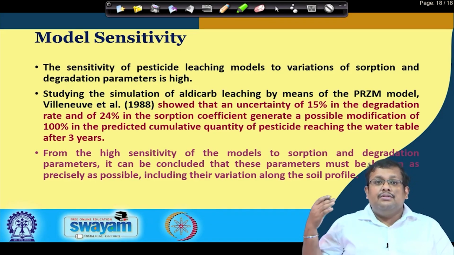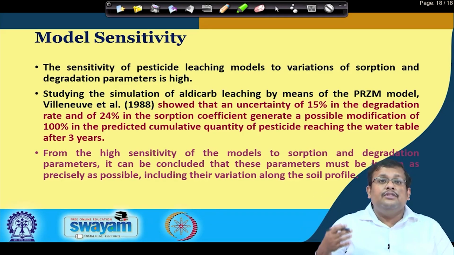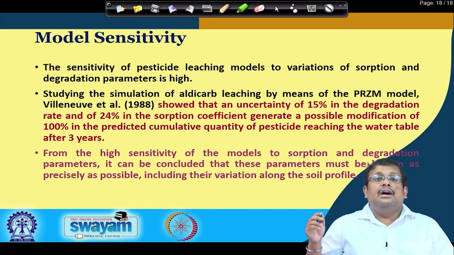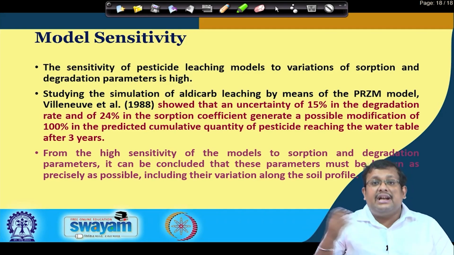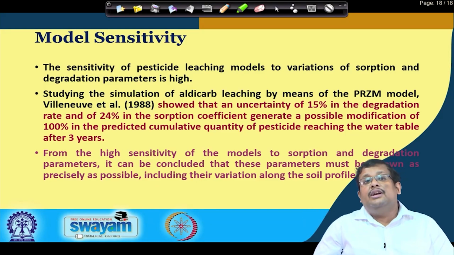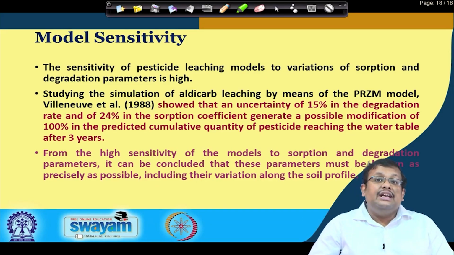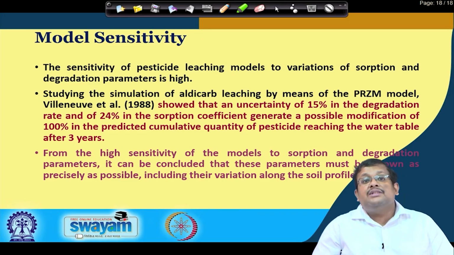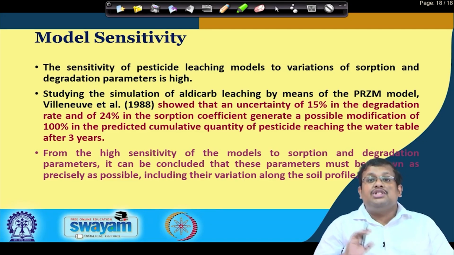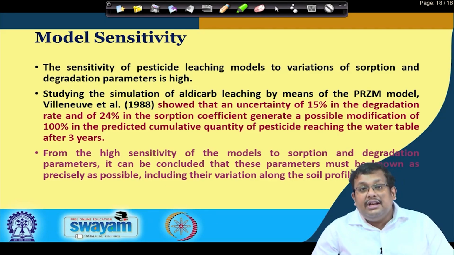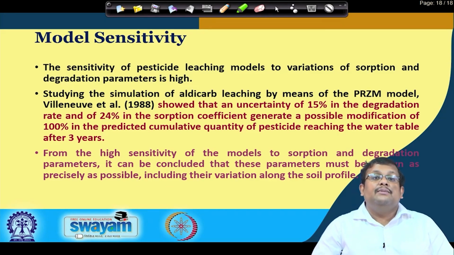Villeneuve et al. in 1988 studied the simulation of aldicarb leaching by use of the PRZM model and showed that an uncertainty of 15% of the degradation rate and 24% of the sorption coefficient generate a possible modification of 100% in the predicted cumulative quantity of pesticide leaching in the water table after 3 years.